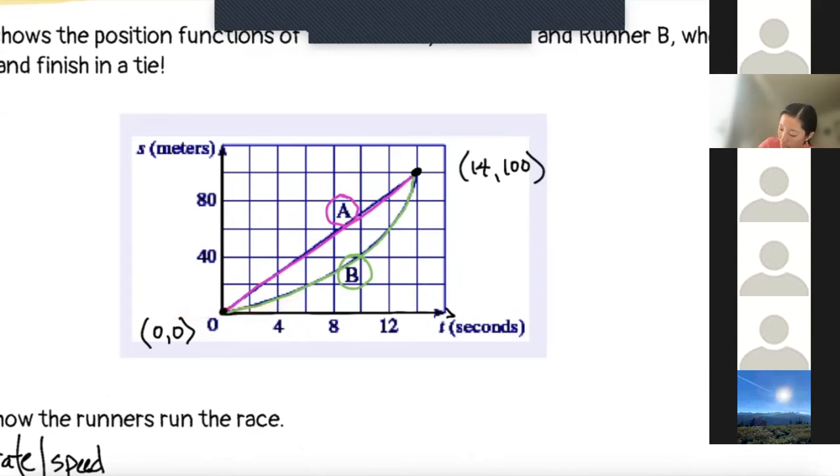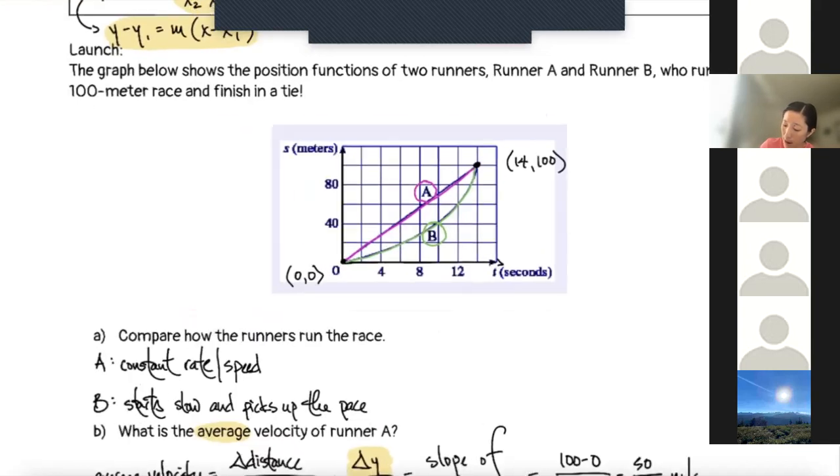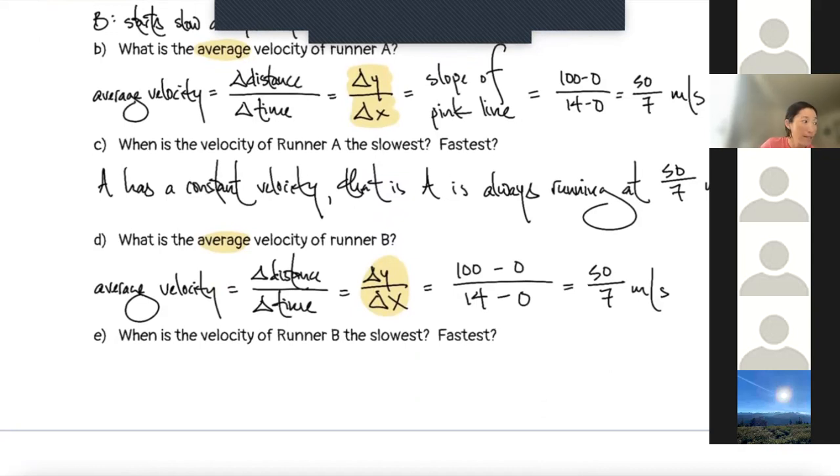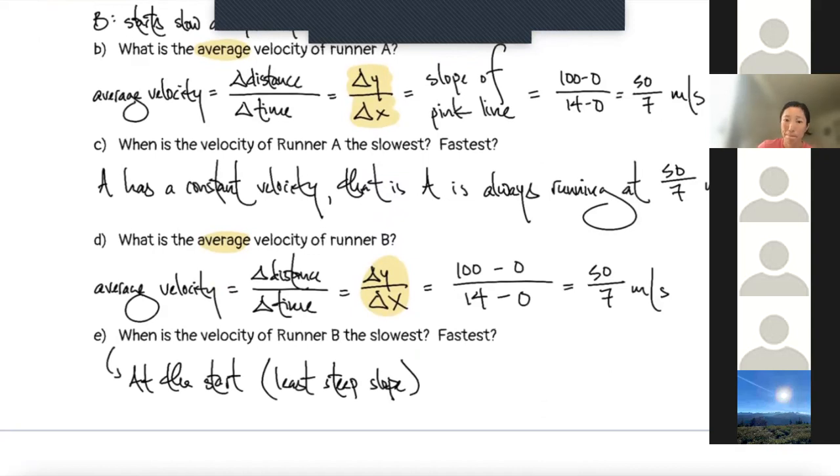But as we get close to the end, the slope is going up pretty fast. It's pretty steep. And so when we're looking at a graph of position, and we want to talk about the velocity, we're going to say that it is the slowest at the start, and that is the least steep slope. Okay. And it's going to be fastest at the end, where it is the most steep slope.